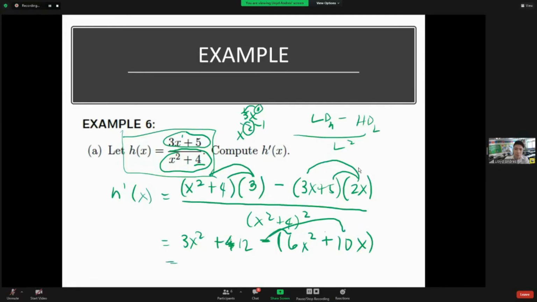So copy 3x squared plus 12, and distributing the negative gives negative 6x squared minus 10x.